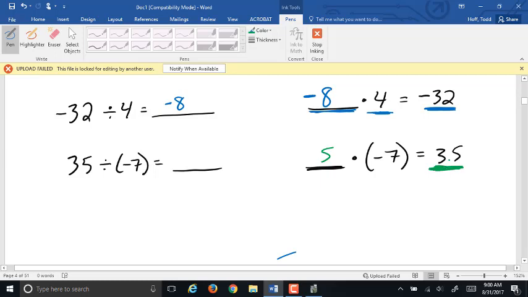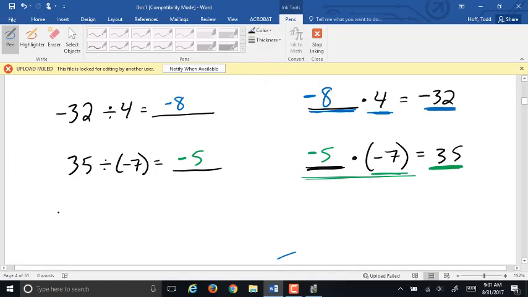To become positive, there's only two possibilities. Both of the numbers I multiplied could be positive. Is that possible here? No, because I already got a negative 7. So the other possibility is that both of the numbers being multiplied must be negative. So that has to be a negative 5. So this result here is a negative 5.